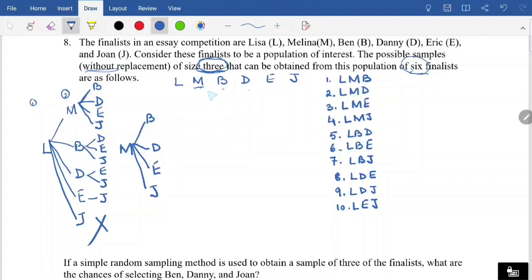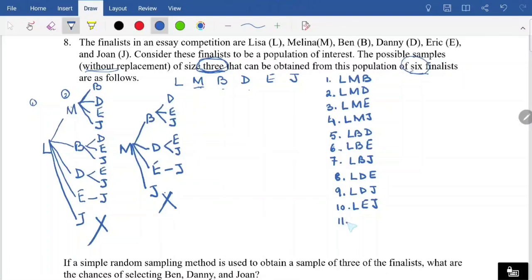And then after B we can either get a D, E or J. Then after D in the third round, we can either get an E or a J. And then after E comes J. And then the last one always drops off the tree, because there's nothing that comes after J. We need samples of size 3. This will not give us a sample of size 3.